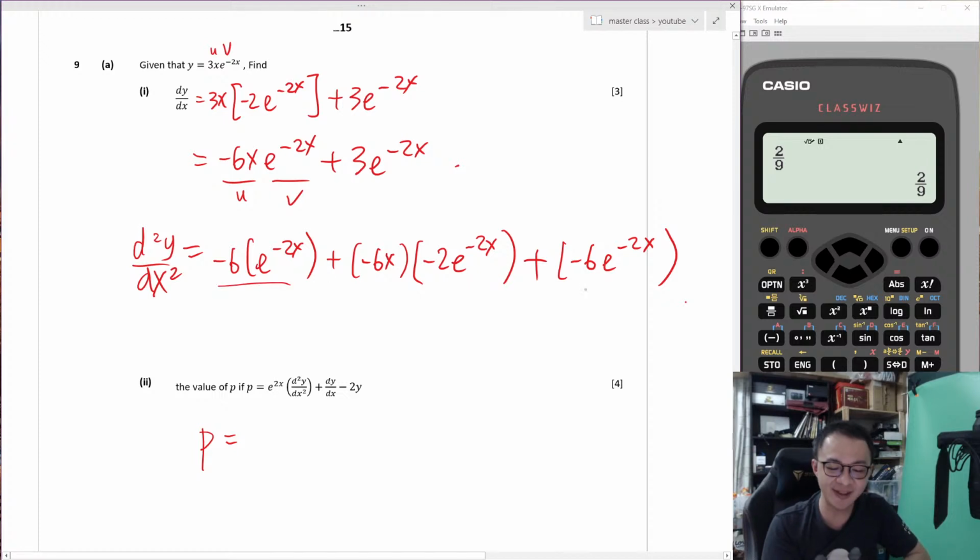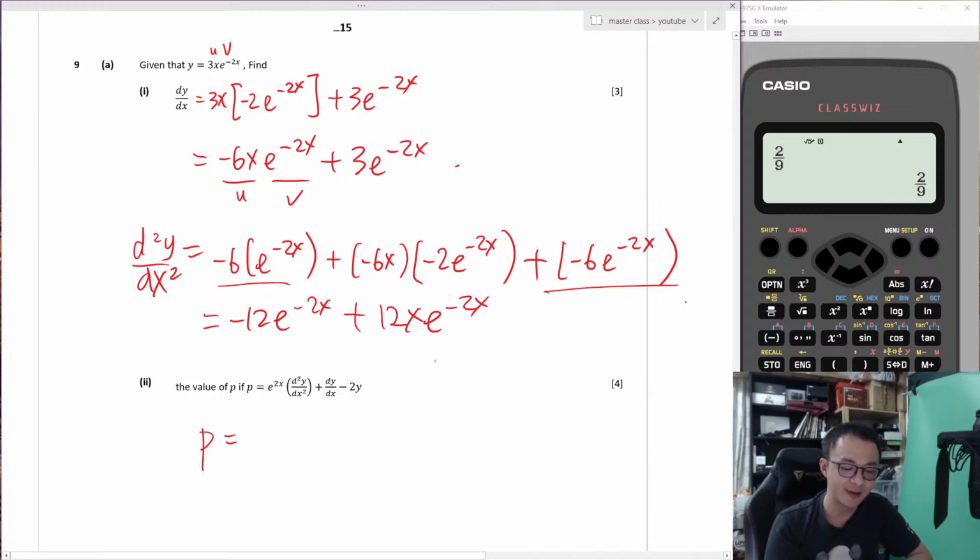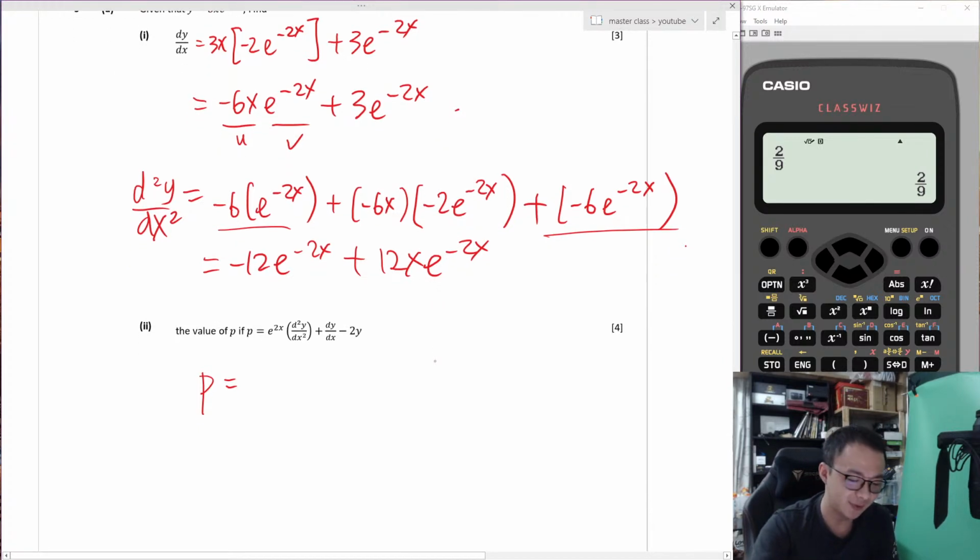Okay, negative 6e negative 2x, I have double of it, so it will be negative 12e negative 2x. And this one negative will become plus 12x e negative 2x. This one is for second derivative. Alright, so the second derivative is minus 12e negative 2x plus 12x e negative 2x.